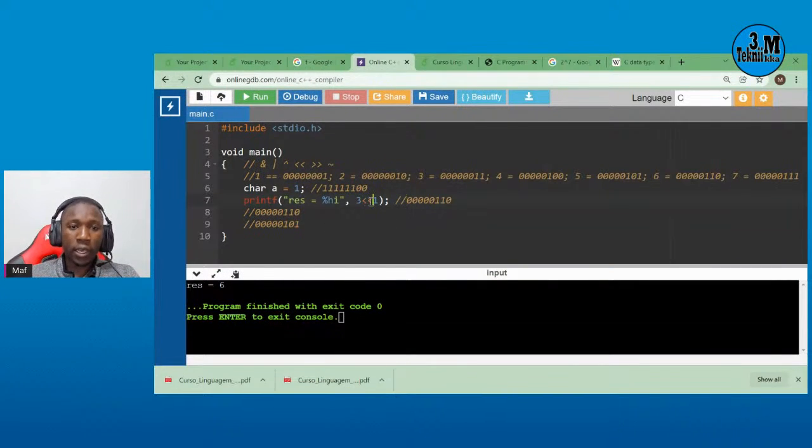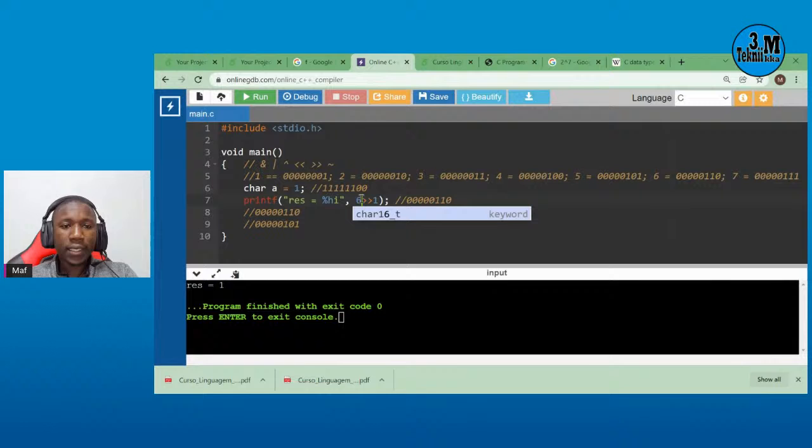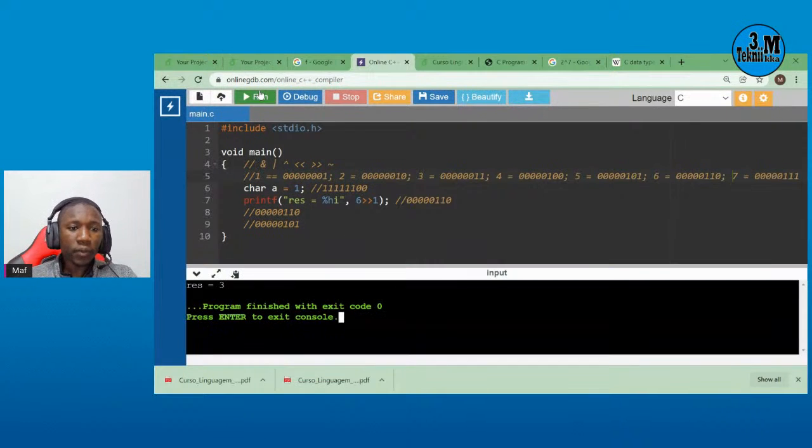If you do it in the opposite direction, you have this is a 3. You're moving to the right, then you lose the last one and you keep a single one, then you have a 1. But if you do this on the number 6, one position to the right, this is going to be here and the other is going to be here, so you have the number 3.